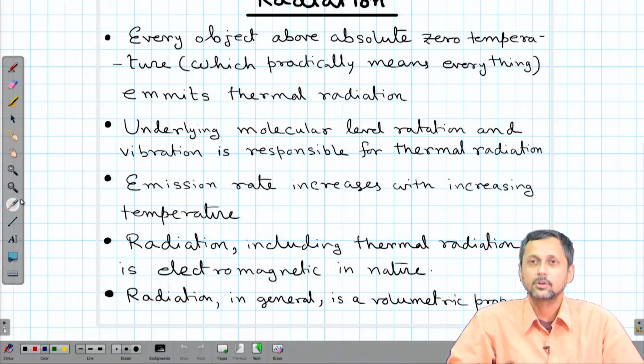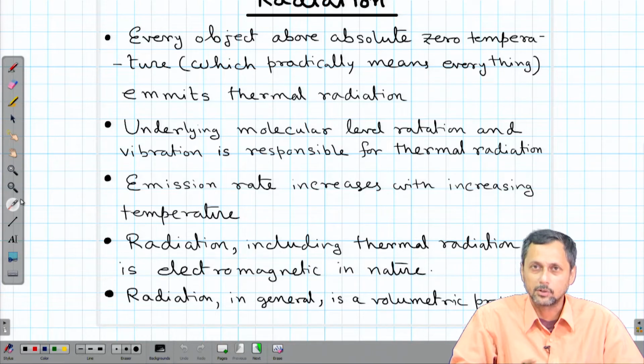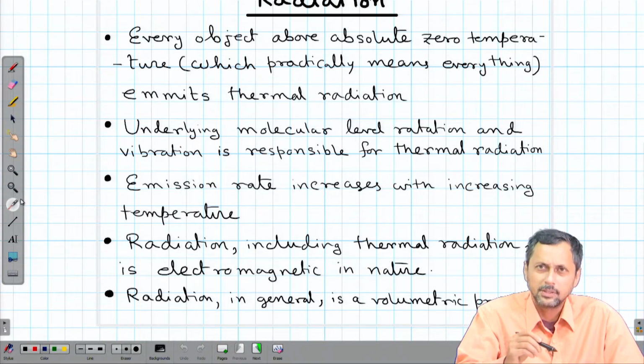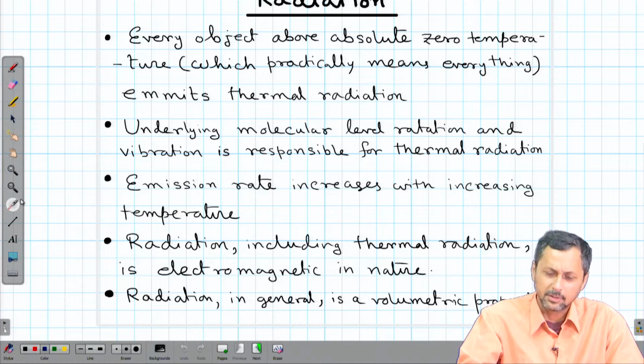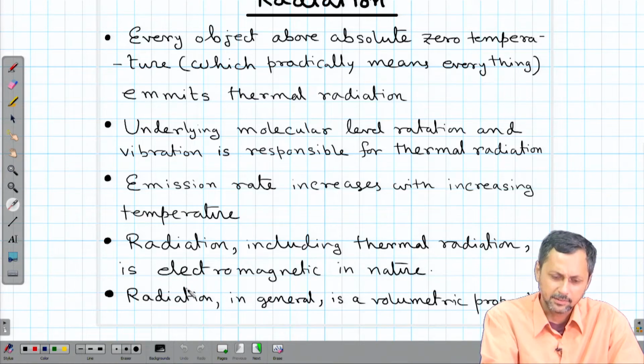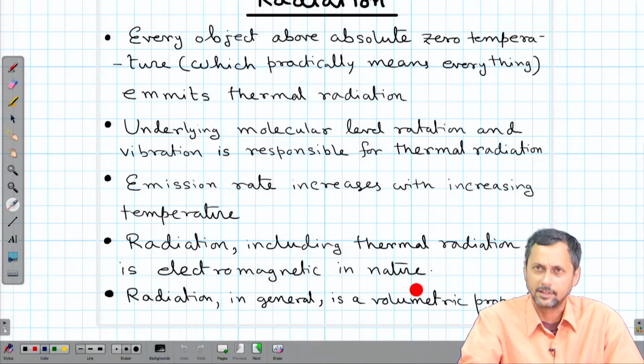There has to be some sort of underlying radioactive process in order to get a gamma ray. But all this radiation, let it be gamma ray, X-ray, IR, or microwave, including thermal radiation, is electromagnetic in nature.